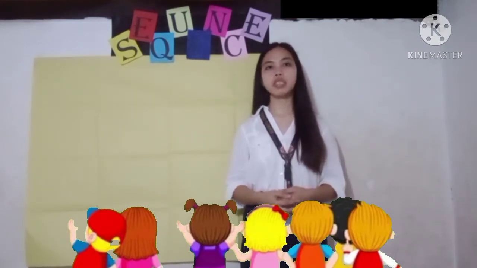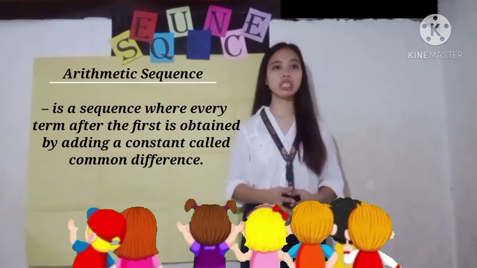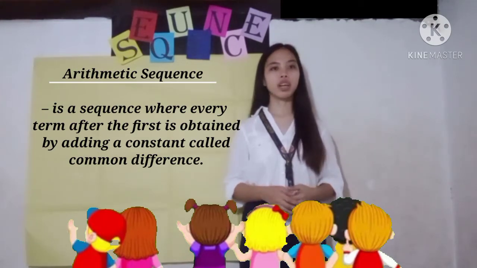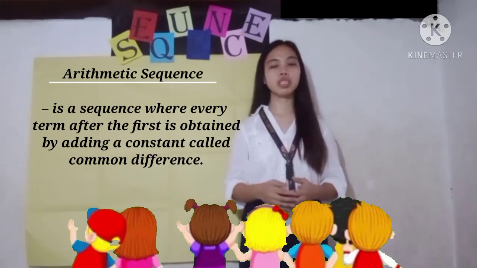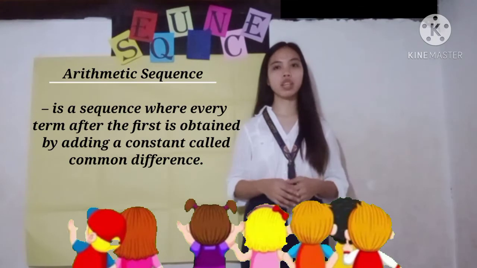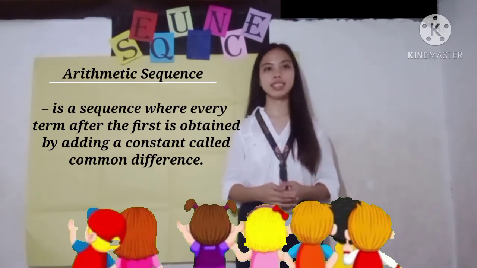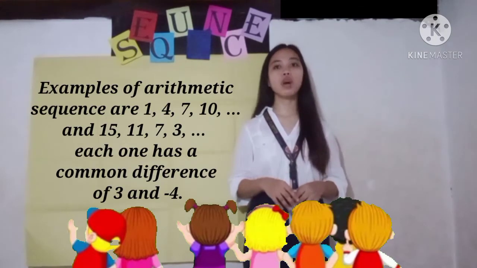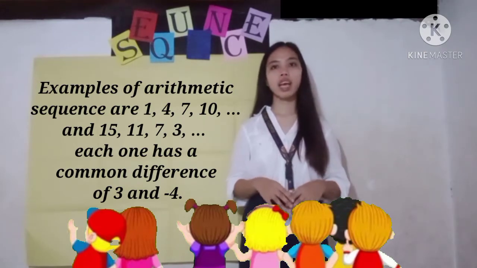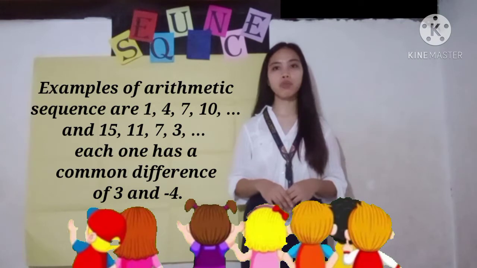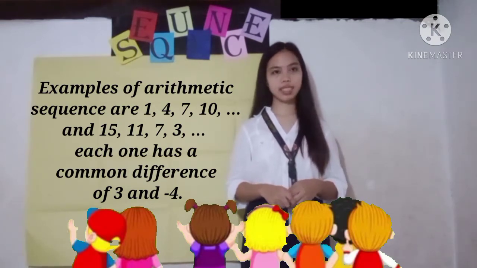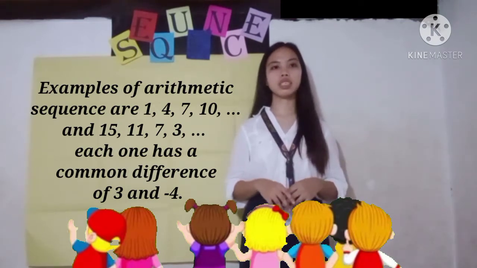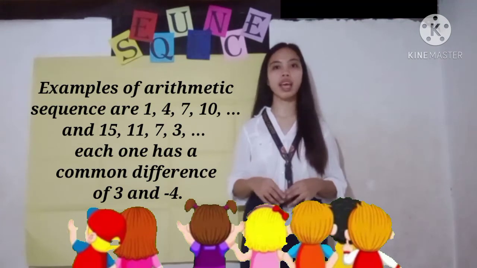What is an arithmetic sequence? An arithmetic sequence is a sequence where every term after the first is obtained by adding a constant called the common difference. The sequences 1, 4, 7, 10 and 15, 11, 7, 3 are examples of arithmetic sequences, since each one has a common difference of 3 and negative 4.